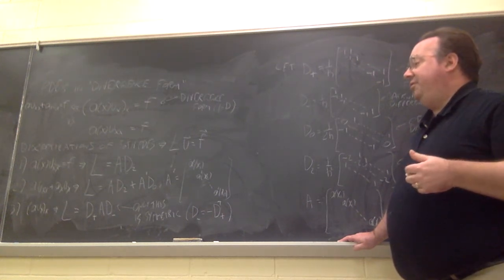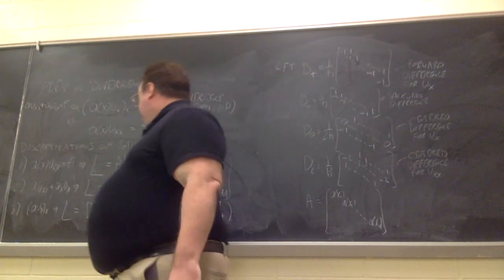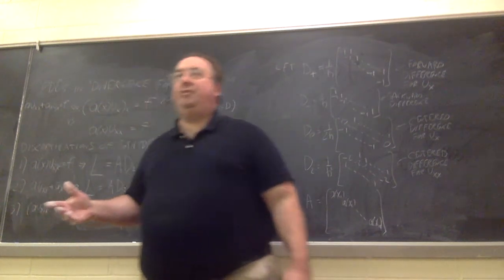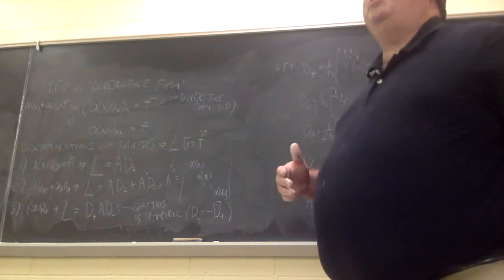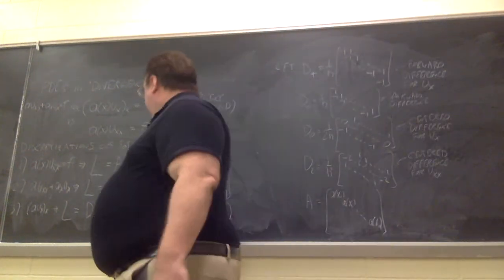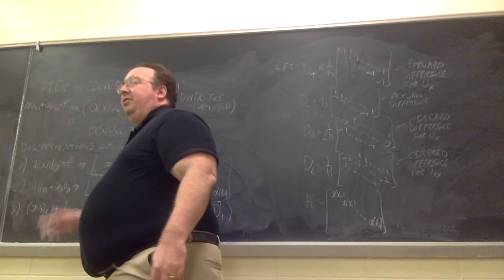Now I didn't have to use backward here and forward here. I could have used forward difference for both, or backward difference for both, but that would not give me symmetry. I also could have done forward difference here, backward difference here. That would be symmetric.